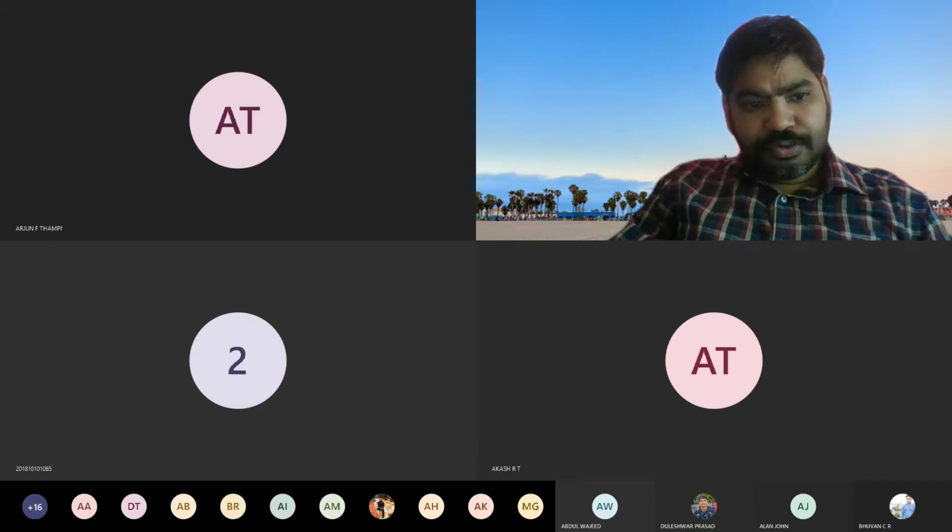Now suppose I want you to find out, at 1100 degrees Celsius, an alloy that has 50 weight percent nickel. Okay, this is the alloy.